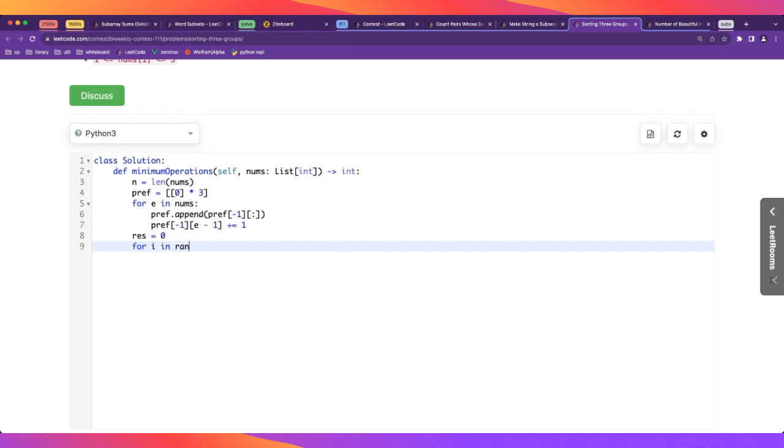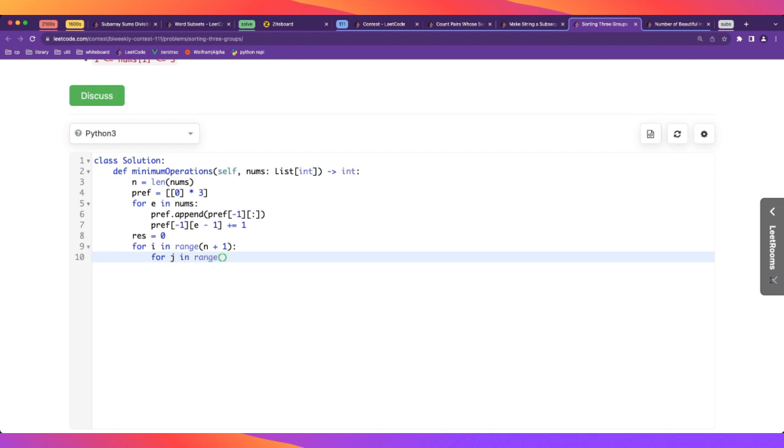to go over all the possible values. Since this excludes, we said that i is excluded from the first range, I think we need to go to n inclusive, and then j has to be from i to n plus 1.